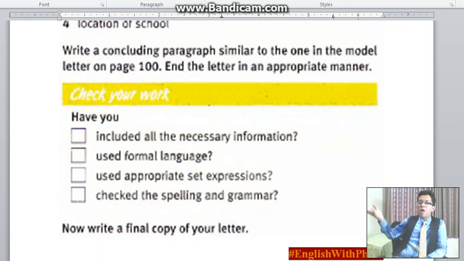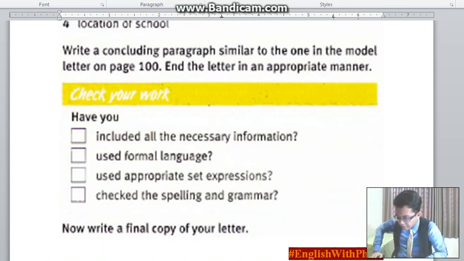Concluding paragraph. What is it? I enclose my CV with full details of my education and interests. I hope you will consider my application favorably, and I look forward to hearing from you at your earliest convenience. So they tell us to keep it the same. It can be the same because this is a letter of application.